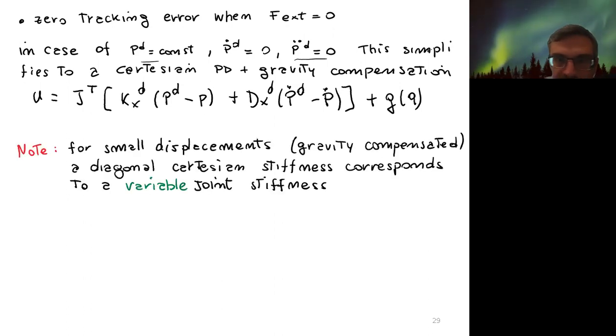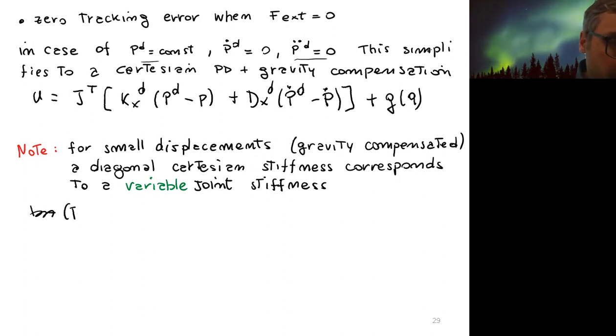For small displacement, assuming that also gravity is compensated, we can say the following. This simplifies even further. First, observe that for small displacement, the displacement PD minus P could be expressed with the Jacobian.